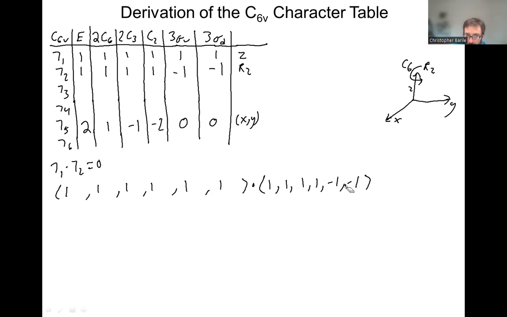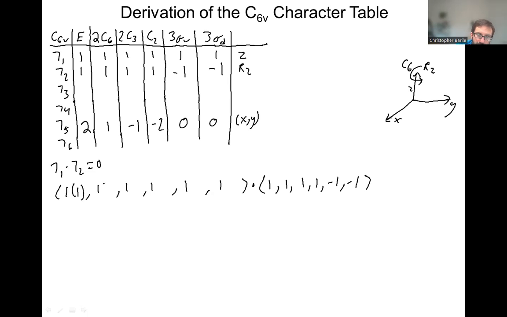Okay. So that's all fine, but we have to then, like I said, adjust this dot product to take into account the number of operations in each class. So what that means mathematically is we need to multiply the number of operations in each class by one of the vectors. So there's one operation in the identity class, so we multiply by 1.